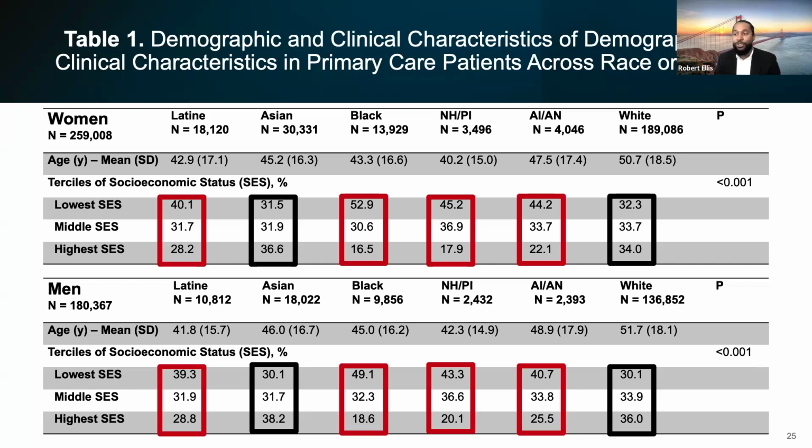Now you'll see the opposite trend when you're looking in the red boxes with the other racial and ethnic groups. And particularly, we see that Black patients, Black women, had the highest proportion of patients with the lower SES, which is 52.9, and this pattern is similar among Black men, which is 49.1.